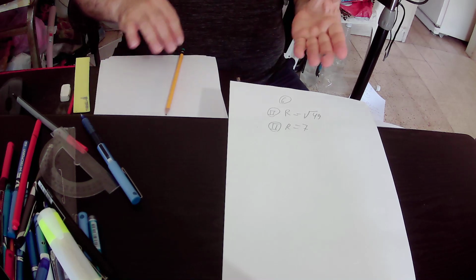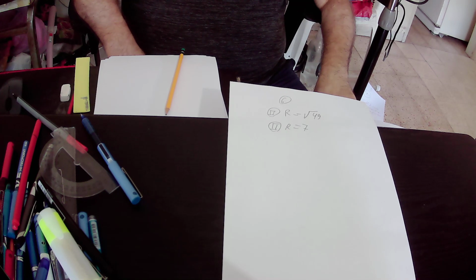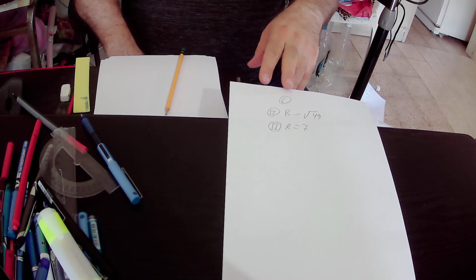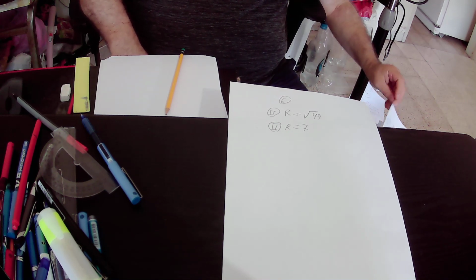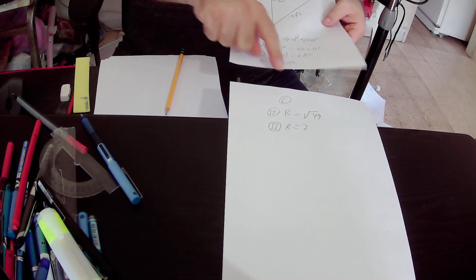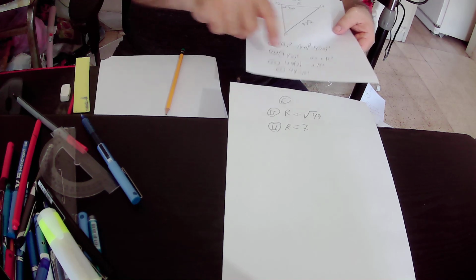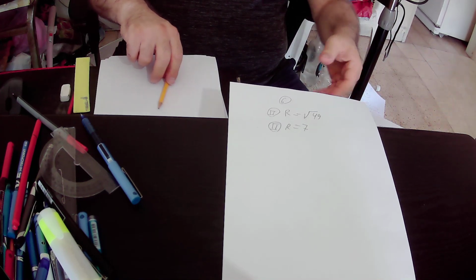So we took the root out of equation number 2. As I already told you, the root of R square equals R, and we also have the root of 49, and the root of 49 equals 7.